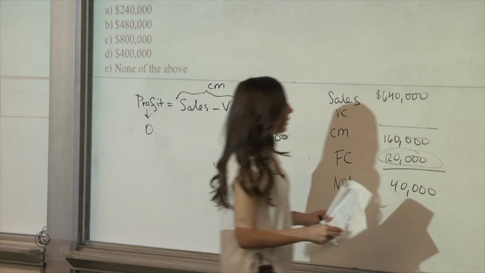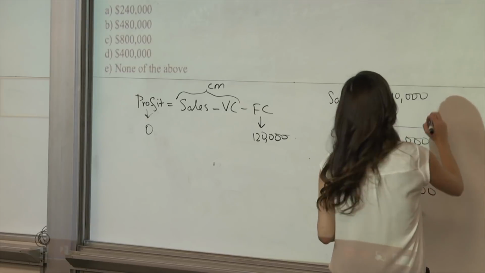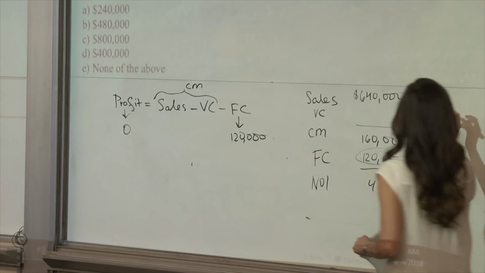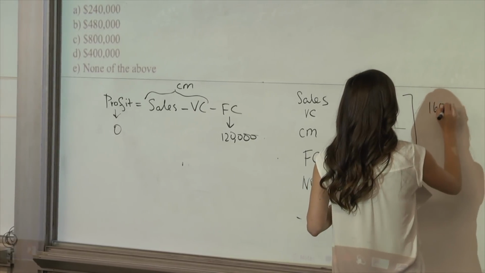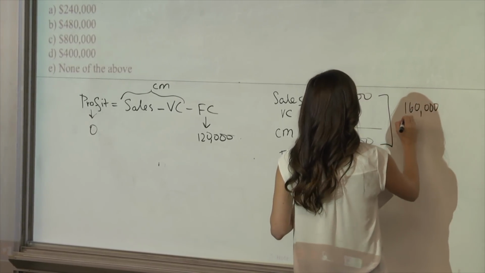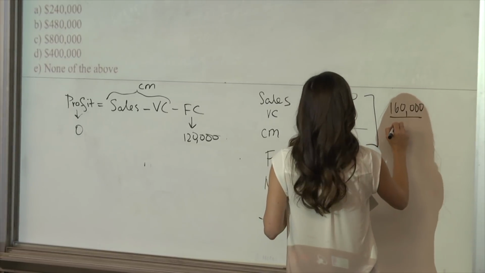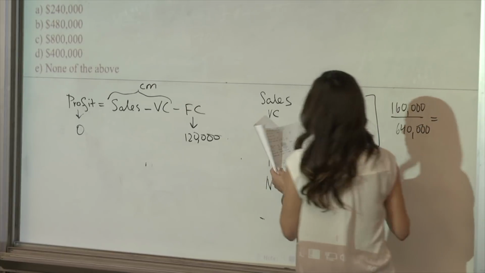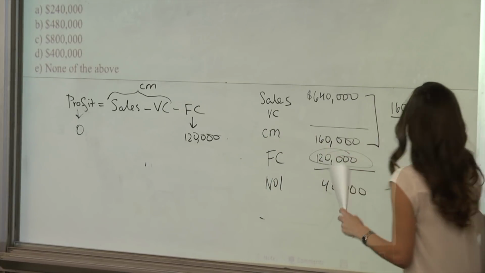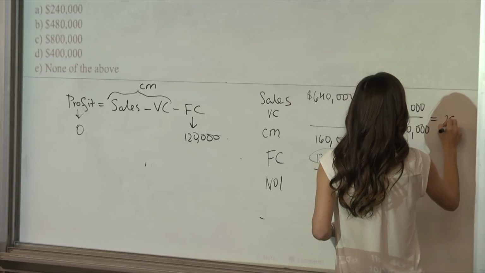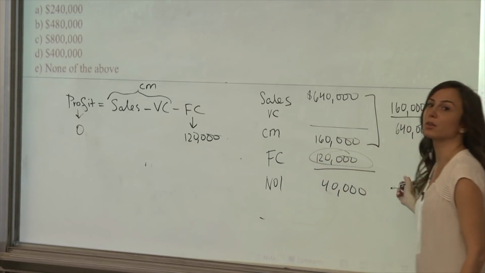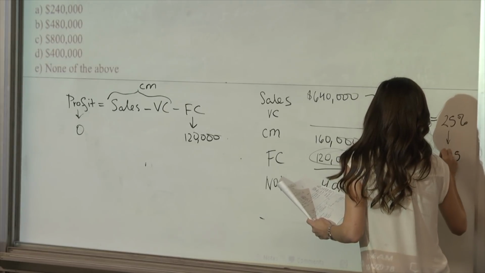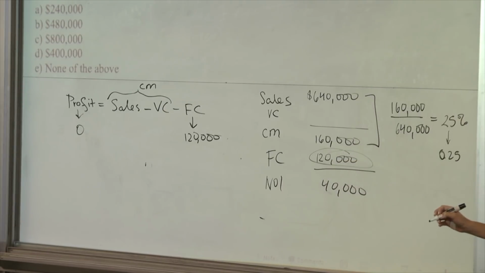The way that we do that is by noticing from the given information that because the contribution margin is 160 and the sales are 640, the contribution margin ratio is 25% or 0.25. So what does this mean?